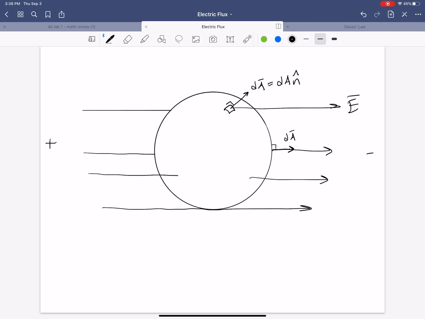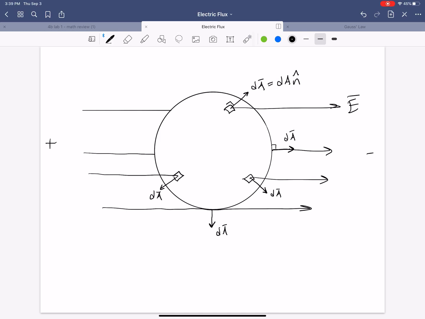Similarly, that tiny bit of dA has a normal vector going that direction. At the very bottom, the very south pole, that dA points straight down. And on the left side here, where that electric field is going in, that dA actually points down and to the left.